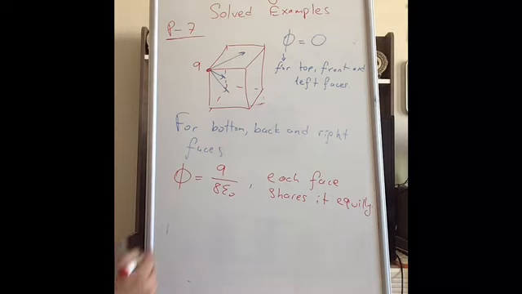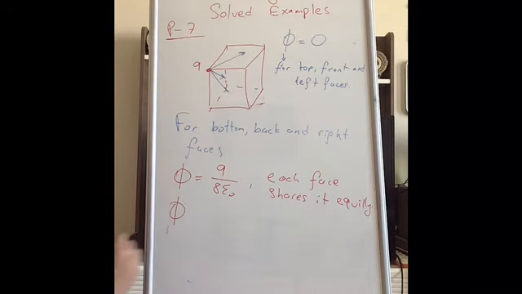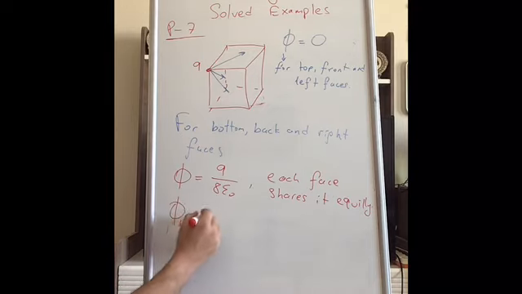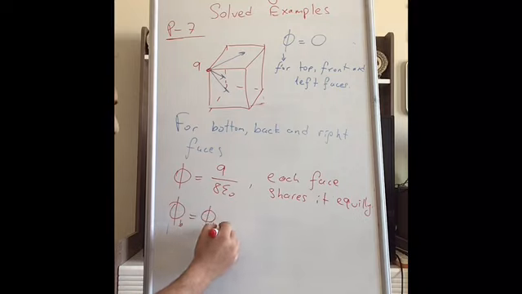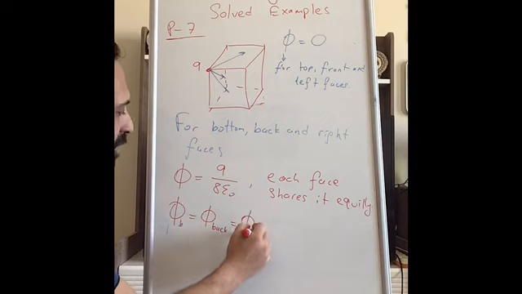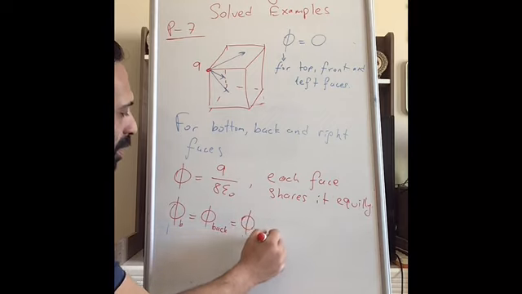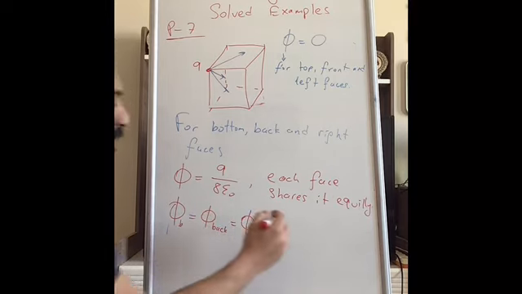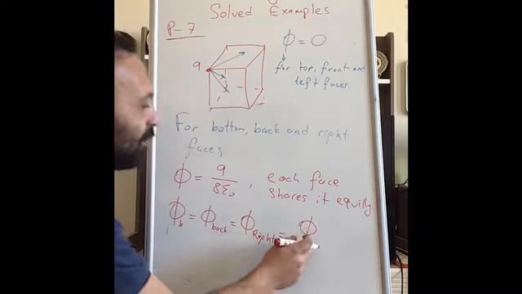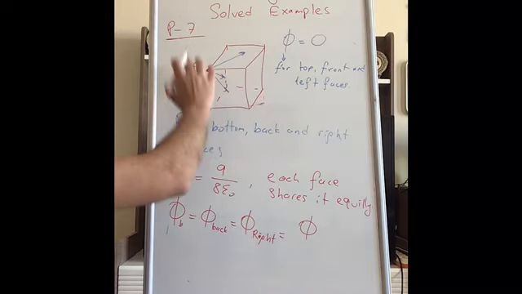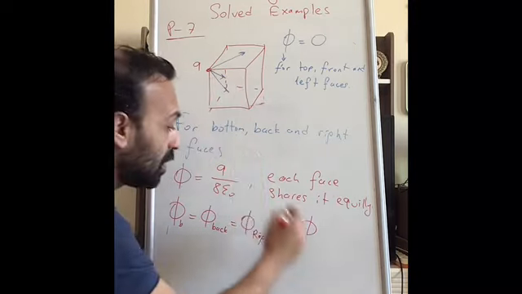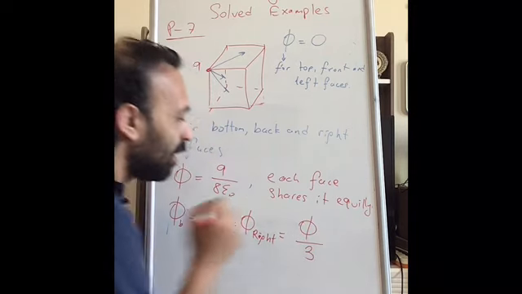Alright, so how are we going to write? Face bottom will be equal to face back, will be equal to face right, and since they are equal, each is going to be phi, the electric flux through this cubic surface, over 3.